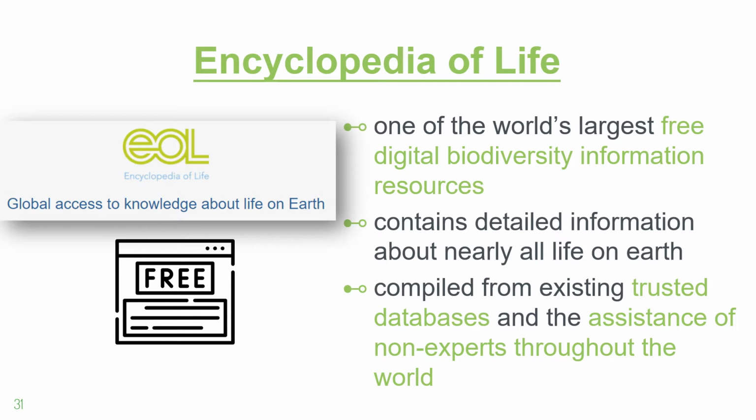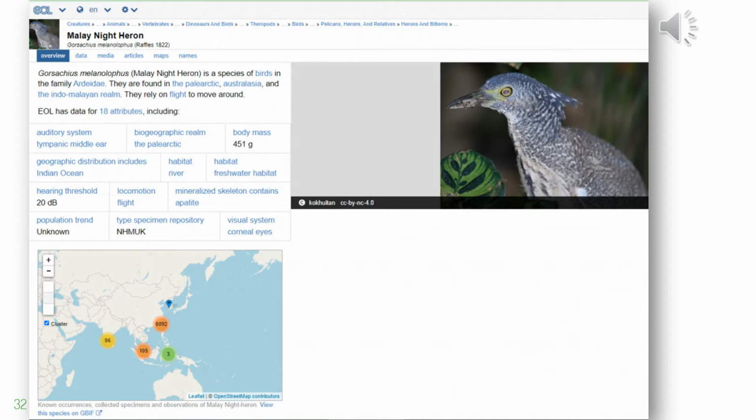EOL contains detailed information about nearly all life on Earth. Information in EOL is compiled from existing trusted databases curated by experts and with the assistance of non-experts throughout the world. On EOL, you can get data on species such as habitat, behavior, taxonomy, reproduction, and much more.